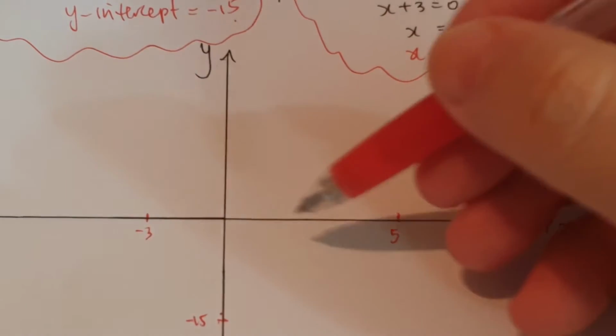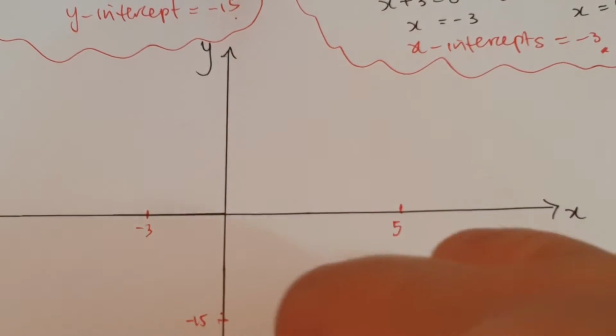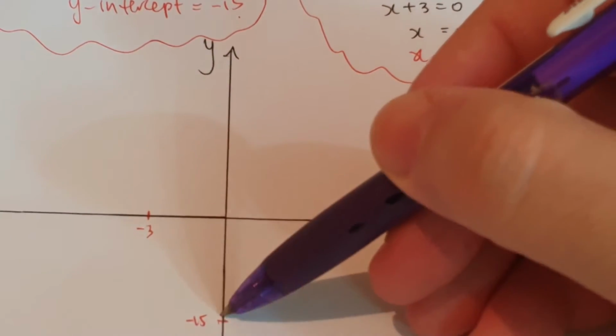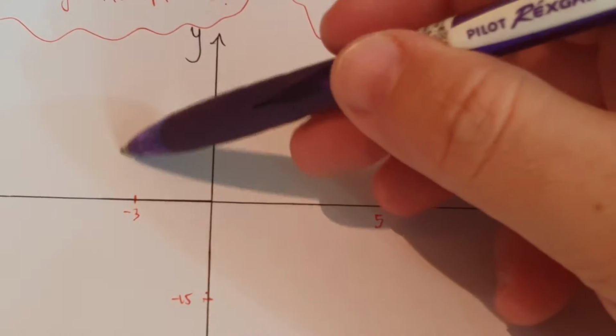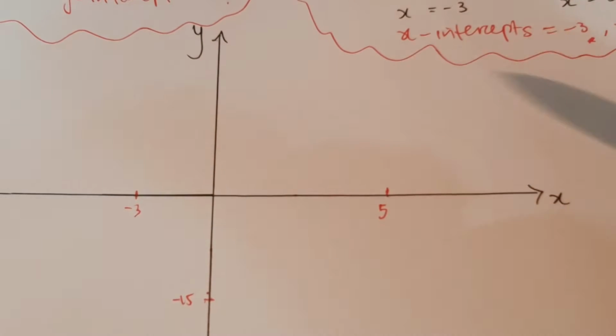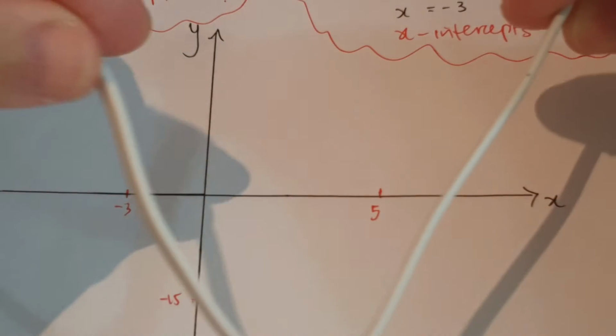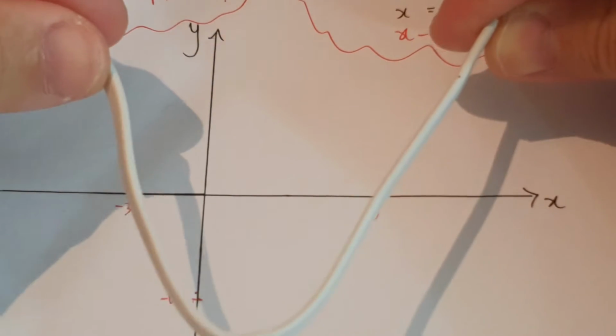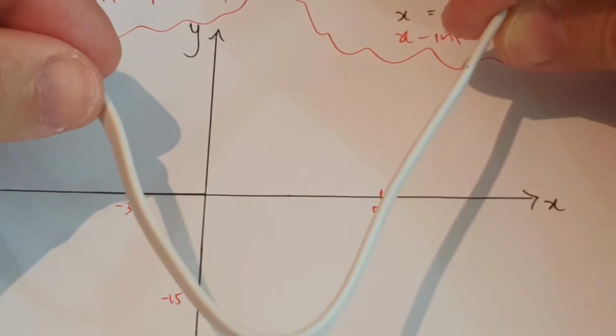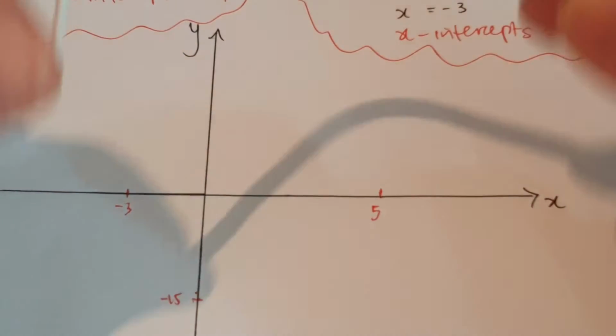Alright? Okay. Then some of you, you thought that this is your minimum point. No, it's not your minimum point. You see, when you draw the happy or the sad face, right? It will definitely be either this way, that would be a happy face, or this way, right?